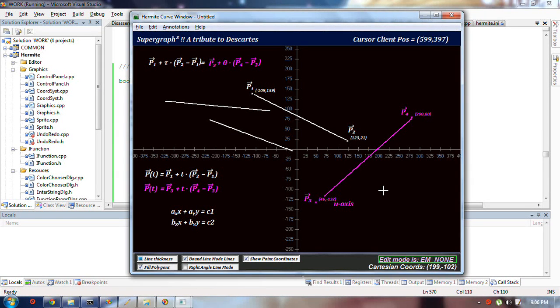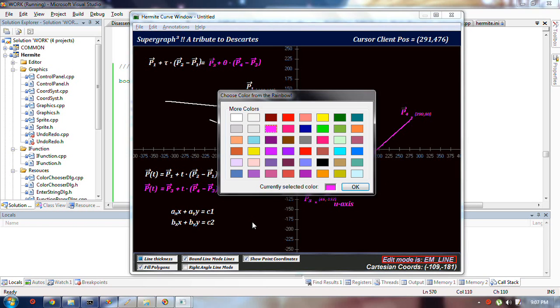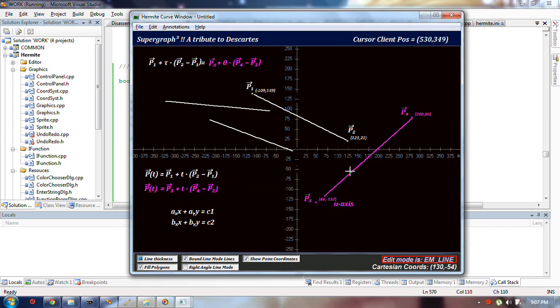called the v-axis. Now if I go into line mode, and I'm in the right color, just do that, and do, oh dear. Wonderful.